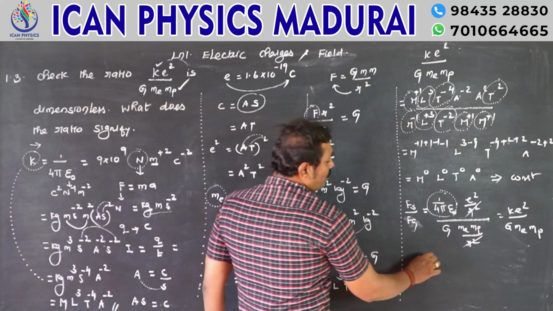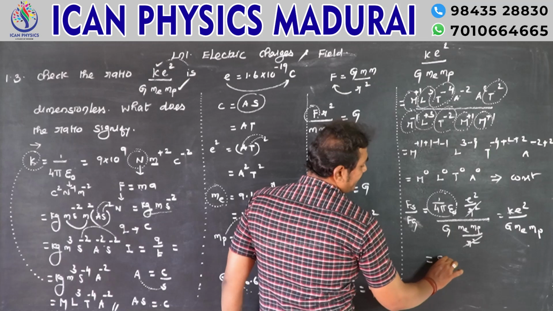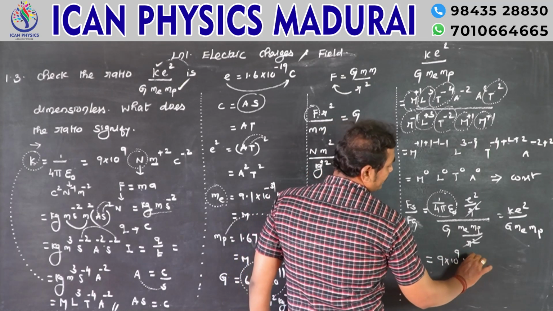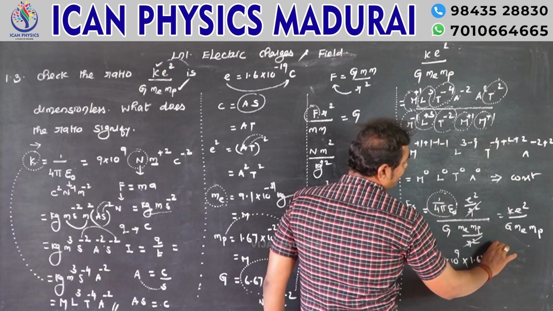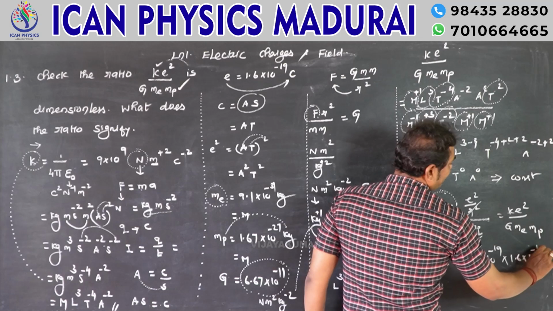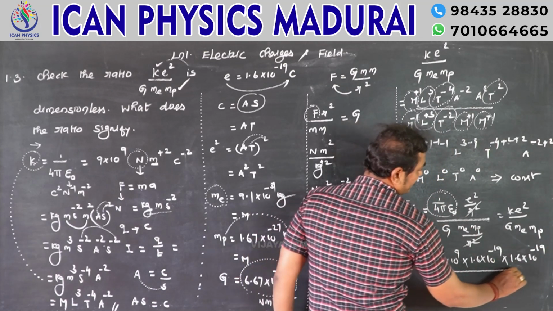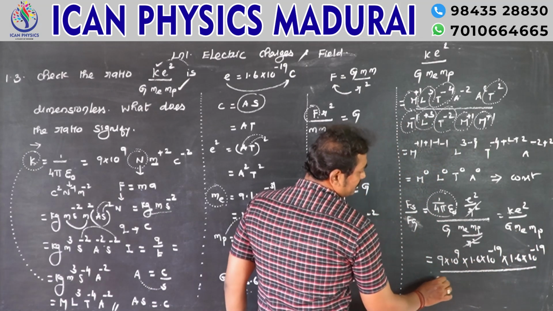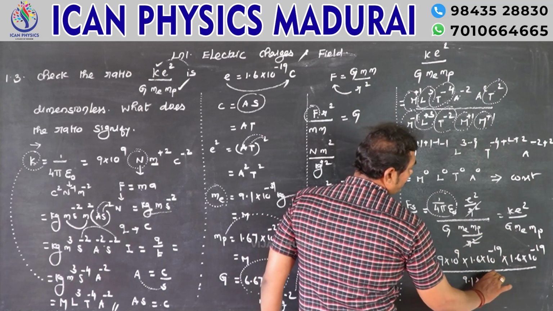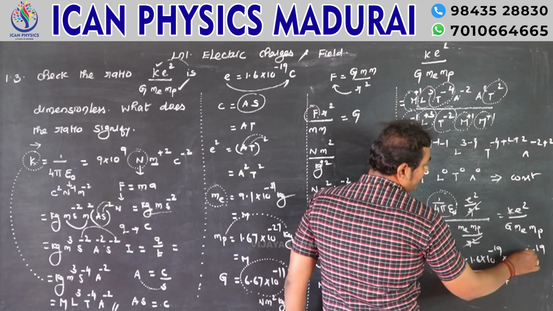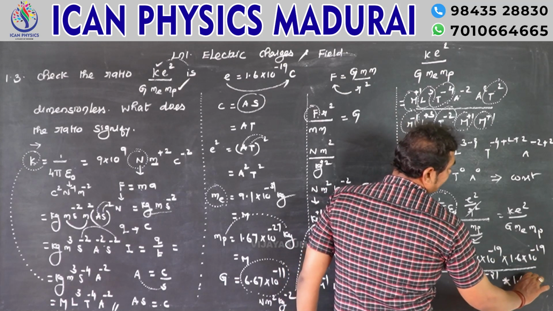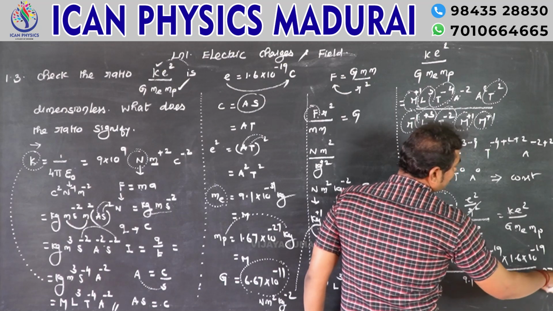Now what is the value of K? K value is 9 into 10 to the power 9, into e squared, that is 1.6 into 10 to the power minus 19 into 1.6 into 10 to the power minus 19, divided by mass of electron 9.1 into 10 to the power minus 31 into mass of proton 1.67 into 10 to the power minus 27.